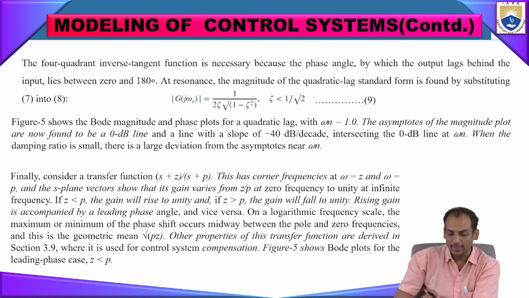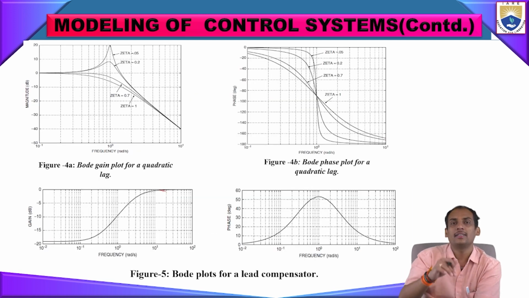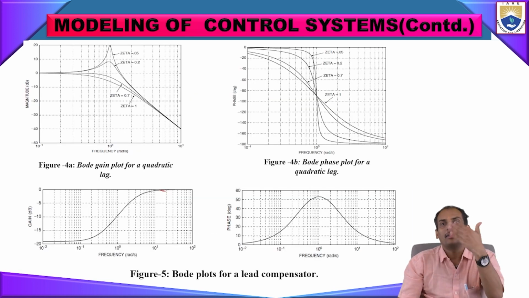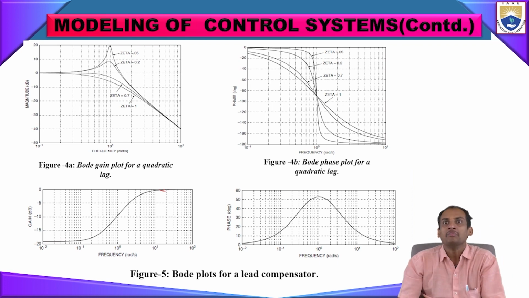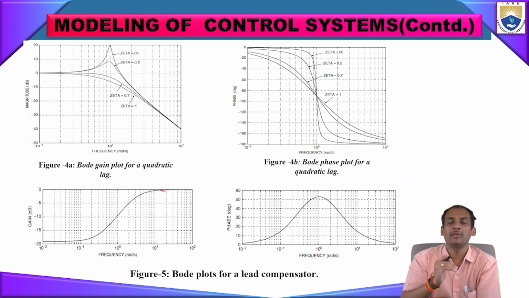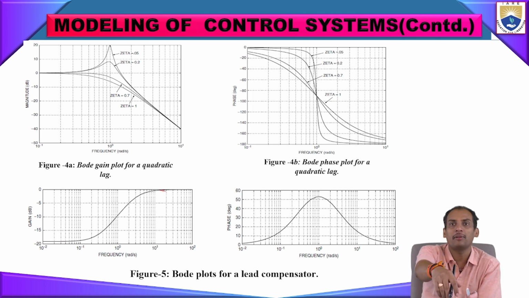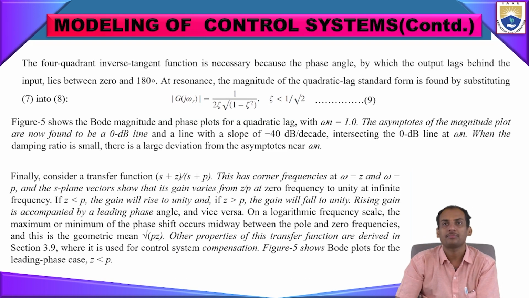That means if z is less than p, the gain will be greater than unity values. If z is greater than p, then the gain values are decreasing only.